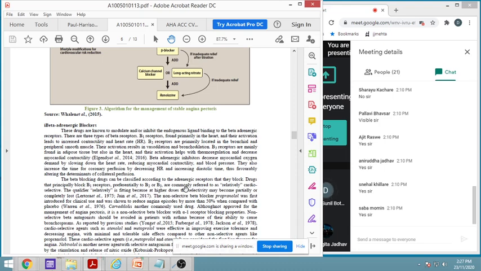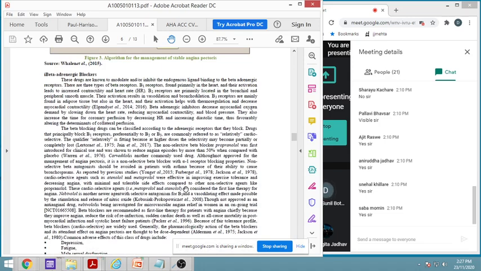There are a variety of beta blockers we have seen: beta 1 specific, non-specific, beta 1 with membrane stabilizing activity, beta 1 agents with nitric oxide releasing capacity, and beta 1 agents having intrinsic sympathomimetic activity, like that.